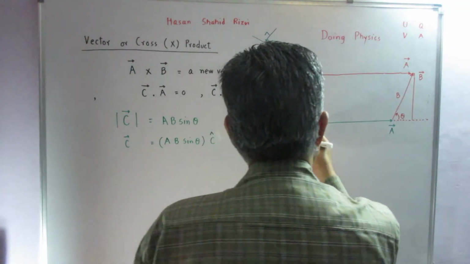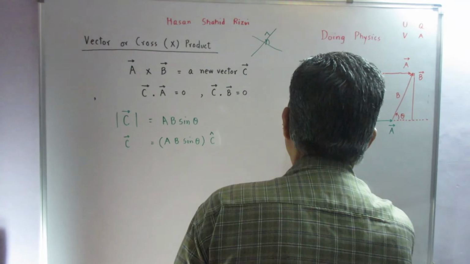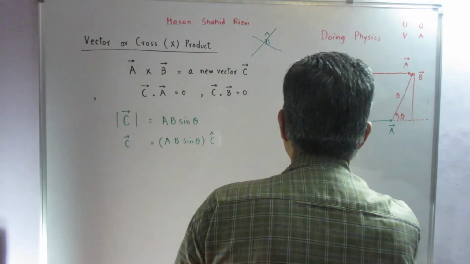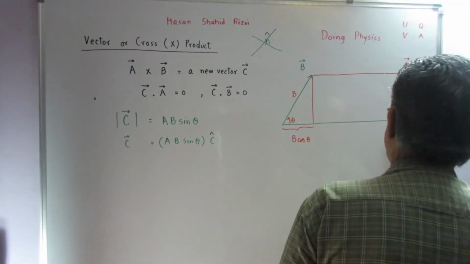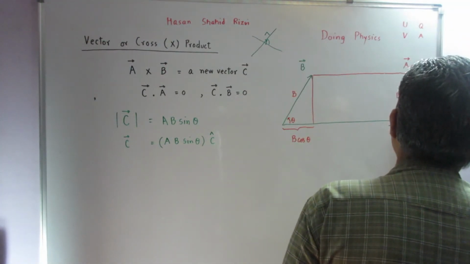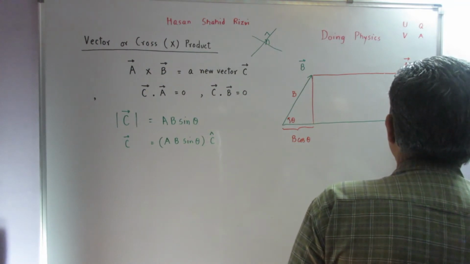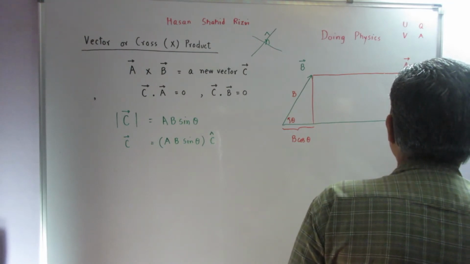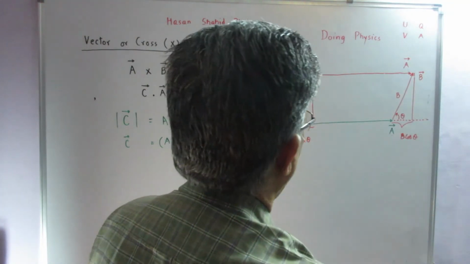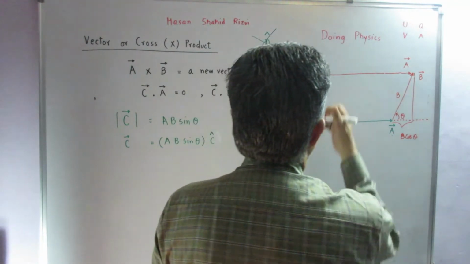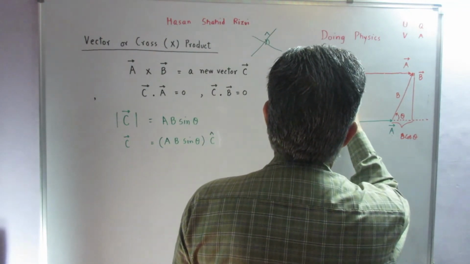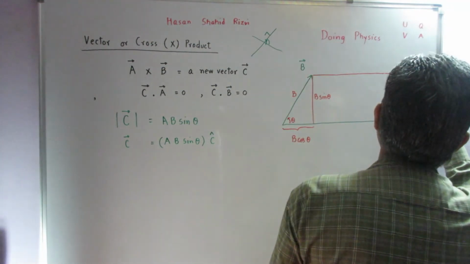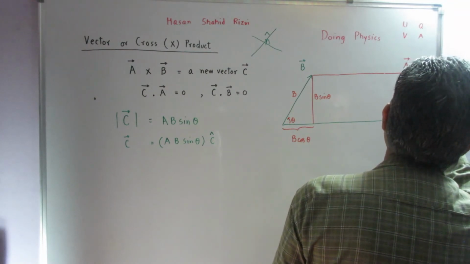From here to here it is B cos theta, as I did earlier, and this one is also B cos theta. This is my B sin theta, and this one is also my B sin theta.